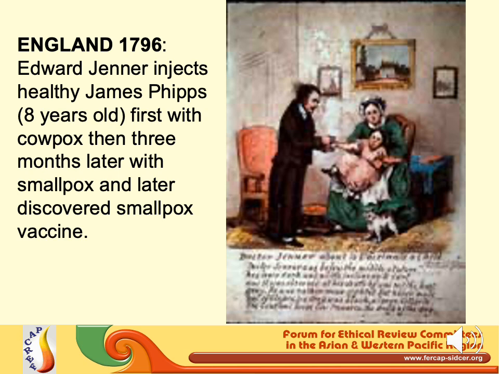During the early period, as early as 1796 in England, you know very well that the vaccines were developed. And here you would have Edward Jenner, who injects a healthy James Phipps, who was 8 years old then, first with cowpox, then 3 months later with smallpox, and later discovered the smallpox vaccine.